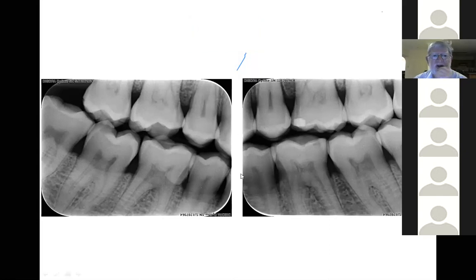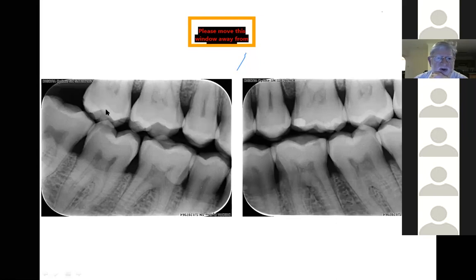Perhaps even more significant in a patient like this, if food could scream when we bit into it, the food in this patient's mouth would be absolutely screaming, because you can see the phenomenal wear that has taken place.